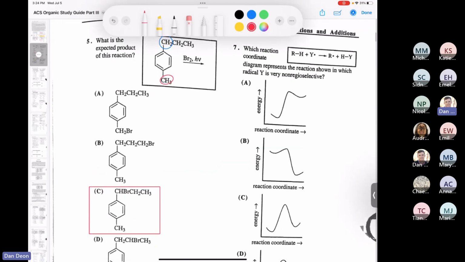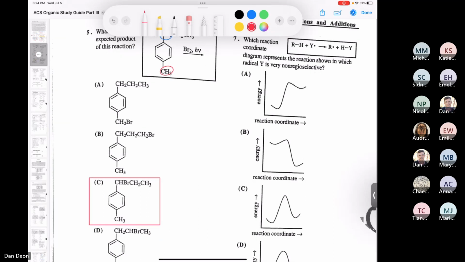This one here, number 7, which reaction coordinate diagram represents the reaction shown in which radical Y is very non-regioselective? So if it's non-regioselective, that means, is it going to have a high activation energy or a low activation energy? If it's non-regioselective. Yeah, it should have a low activation energy, right?